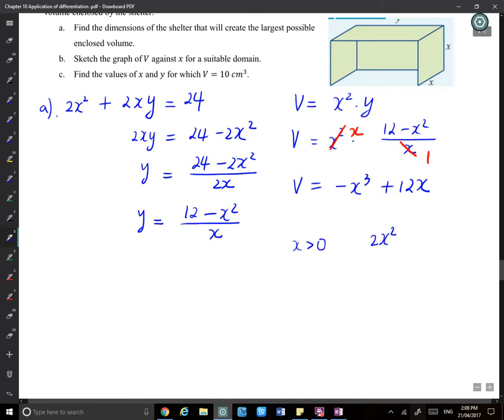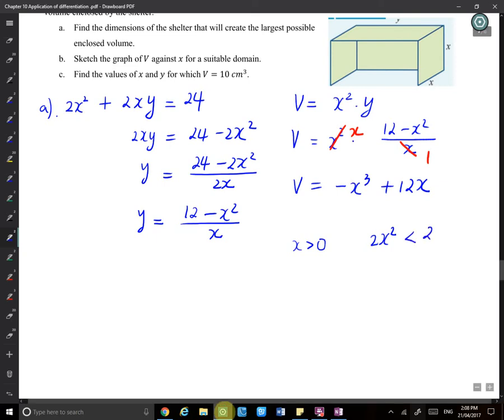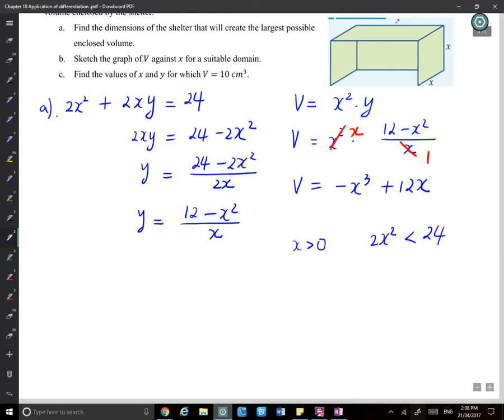Your x will decide on the 2 square sides. Those need to be smaller than 24. Do you agree with that? You need to at least leave something for the other 2 parts, the middle parts. Your 2x squared, which is the 2 areas here and here, shouldn't use up all the areas.